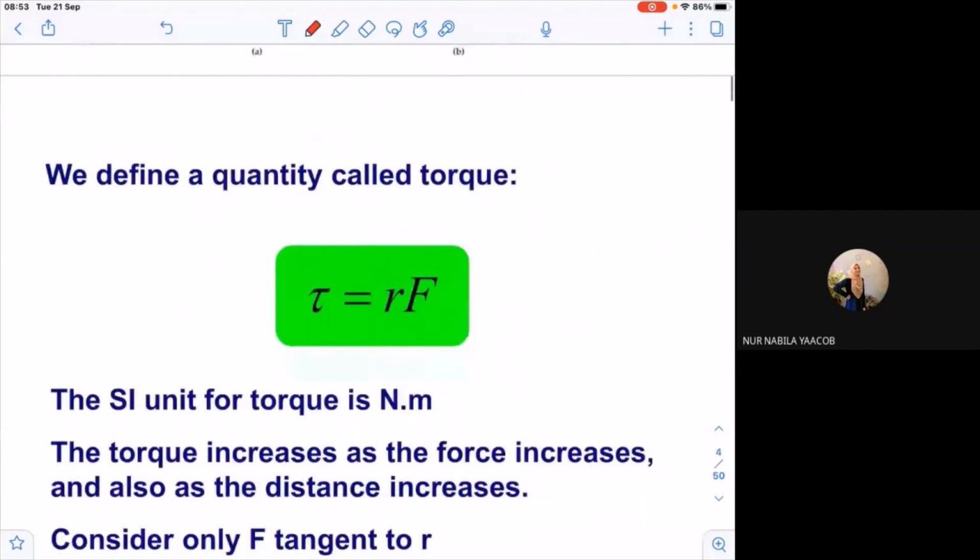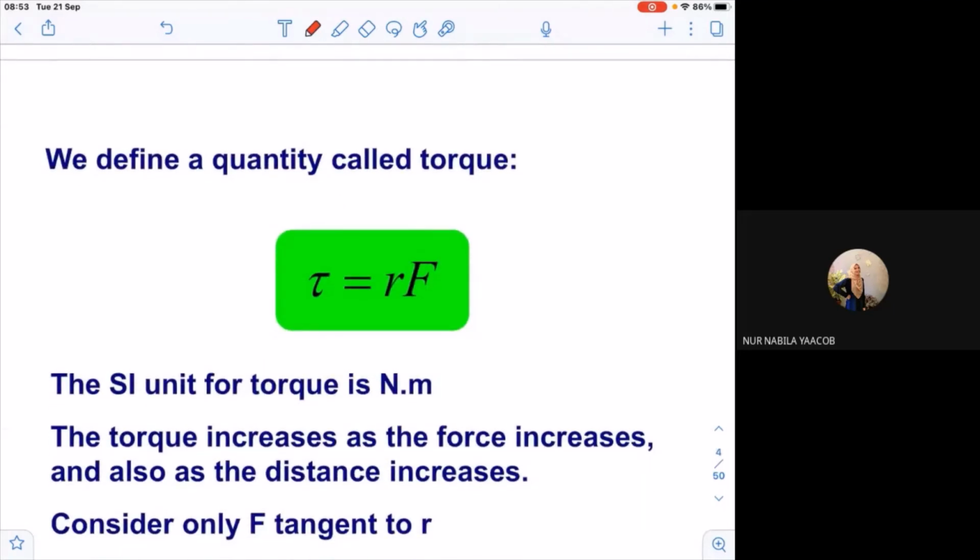This is actually based on rotational force. Torque can be referred to as rotational force. Actually, we are applying a force in rotational motion. Before this, we had velocity, but in rotational motion it becomes omega.